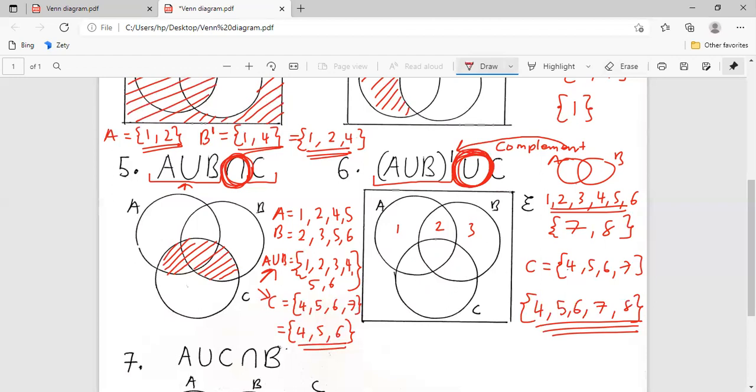This tells us that we are not going to shade number 1, number 2, and number 3. So we are going to shade only the rest except 1, 2, and 3. So this is how we shade the Venn diagrams that are involving 3 sets.